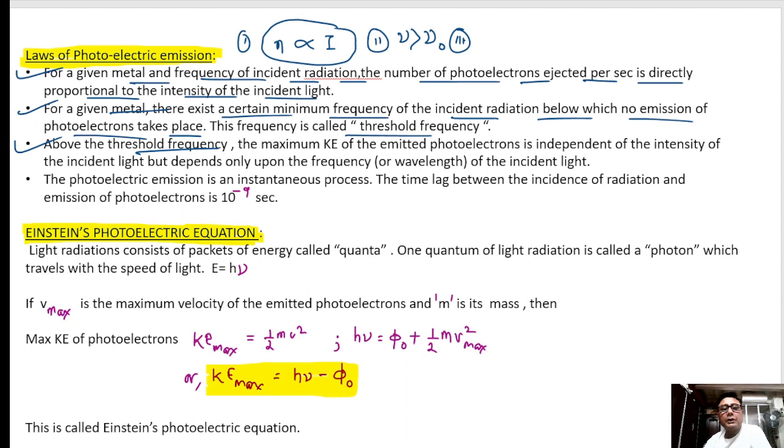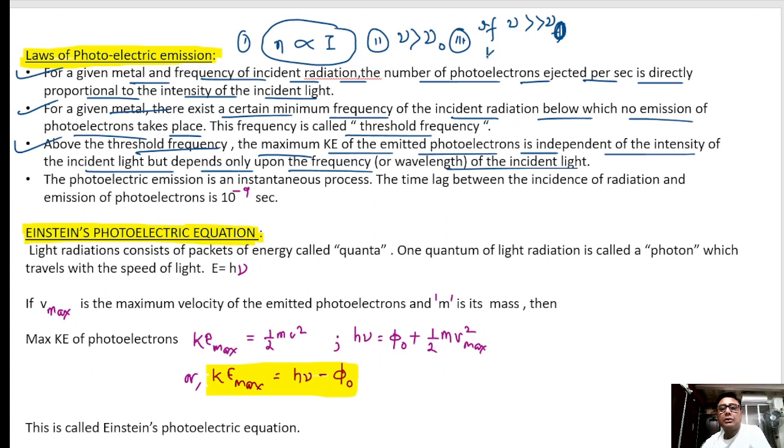Above the threshold frequency, the maximum kinetic energy of the emitted photoelectrons is independent of the intensity of the incident light but depends on the frequency or wavelength. That means if the incident frequency is greater than the threshold frequency, then what happens?